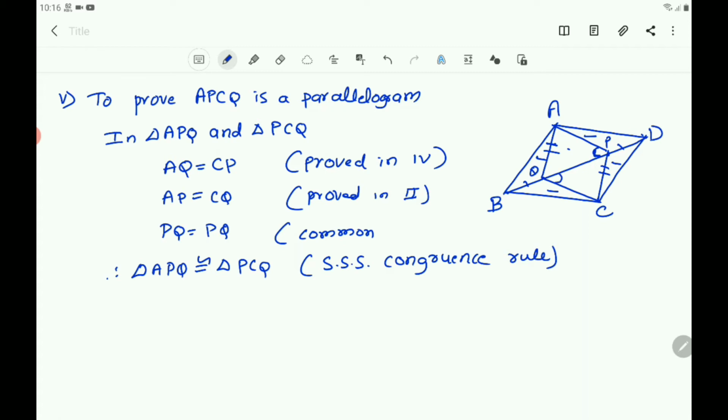So you write therefore angle APQ equals angle PQC, and also angle AQP equals angle CPQ.